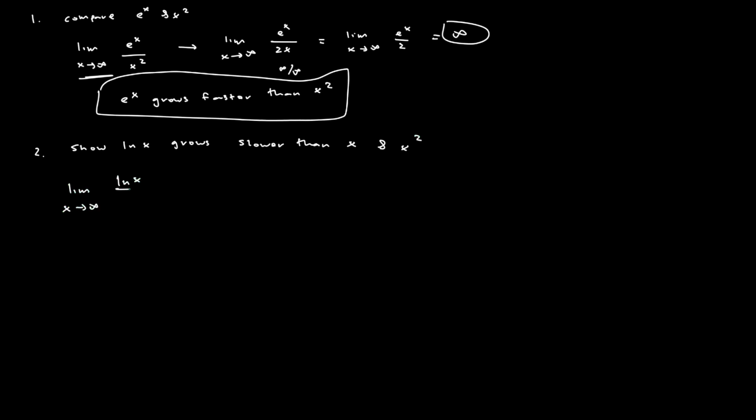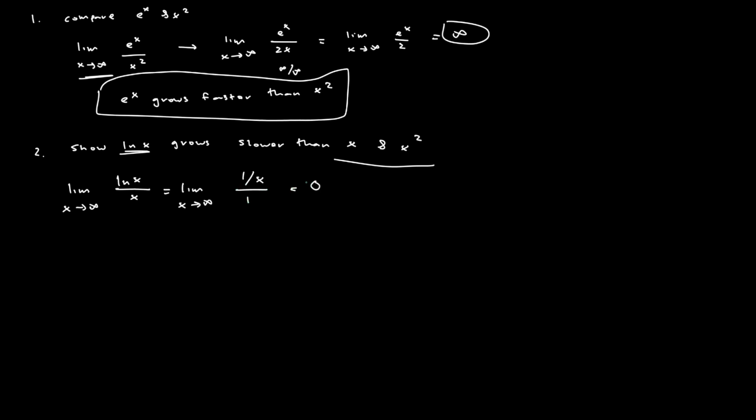In order to show that this function grows slower than both x and x squared, we would expect the limit to become 0. And so right now we have infinity over infinity, which is indeterminate, but L'Hopital's can help us. And so taking the derivative of the numerator, I get 1 over x, and then the denominator's derivative is simply 1. And now I get 1 divided by x, and as x tends to infinity, that becomes 0.